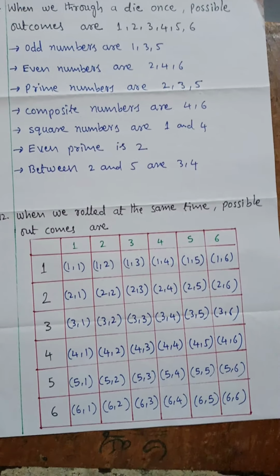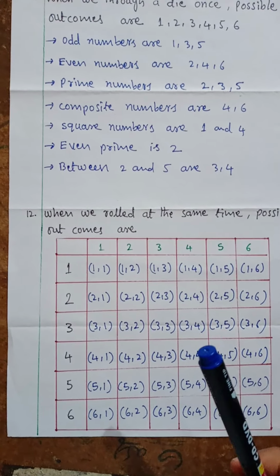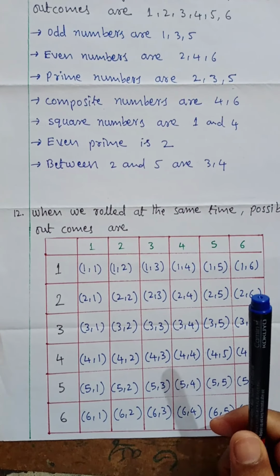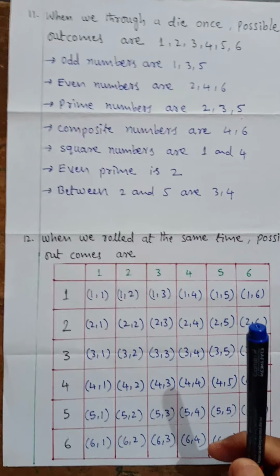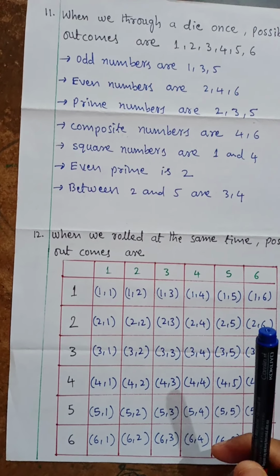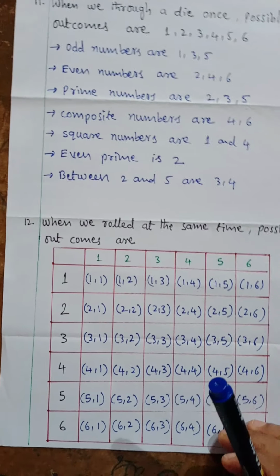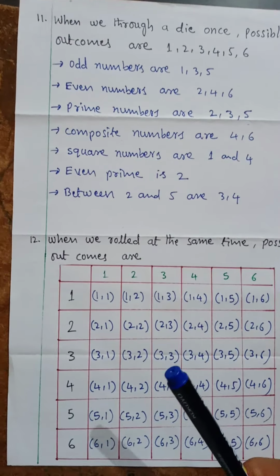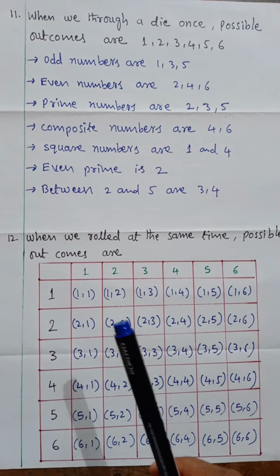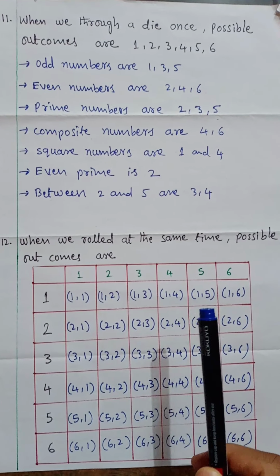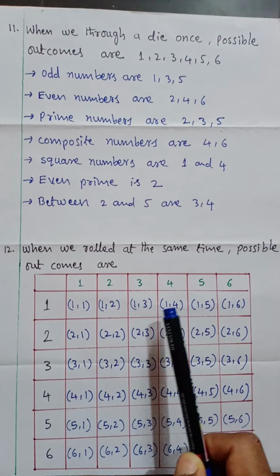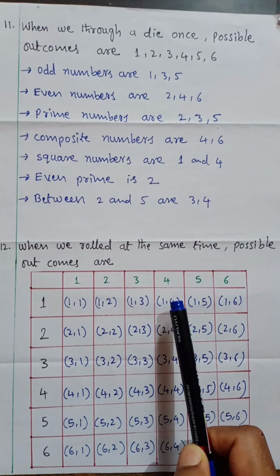So how will they frame the questions, see once. When we roll 2 dice, what is the probability of getting the sum of the two numbers as 5, they will ask. 5 means which numbers add to get 5, that we have to take. See here 1 plus 4 is 5, so this 1 comma 4 we have to take.